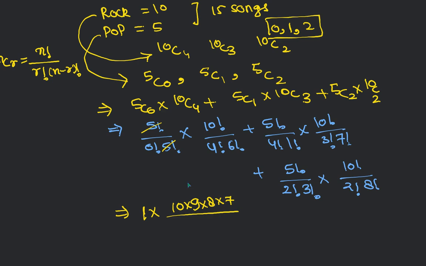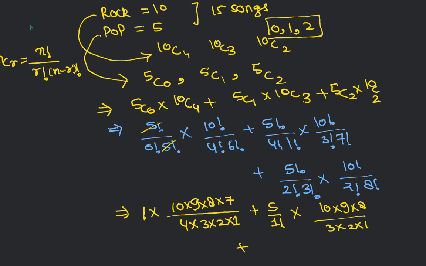Now what I am doing here, you can just try it yourself. If you follow this step, you will get the same result. So I am getting 5 over 1 factorial here. Next, multiply by 10 times 9 times 8 over 3 times 2 times 1.